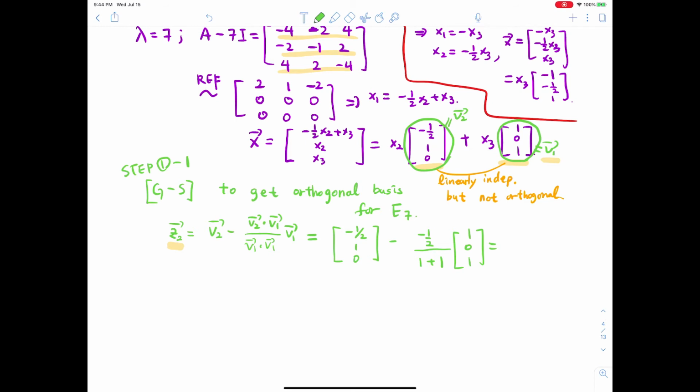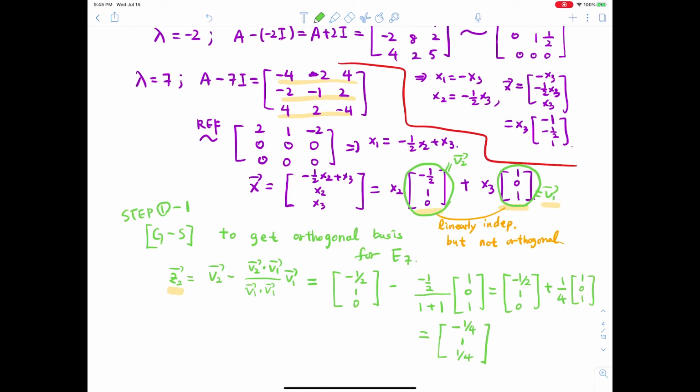This equals negative 1/2, 1, and 0, plus 1/4 times 1, 0, 1. So you get z2 equals negative 1/4, 1, and 1/4. Now we have three orthogonal vectors, this one, this one, and that one.